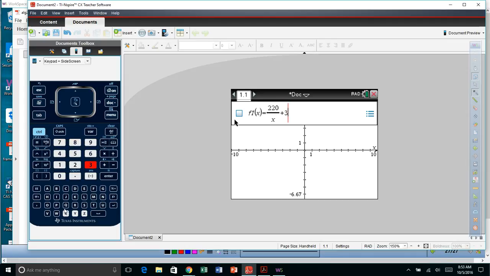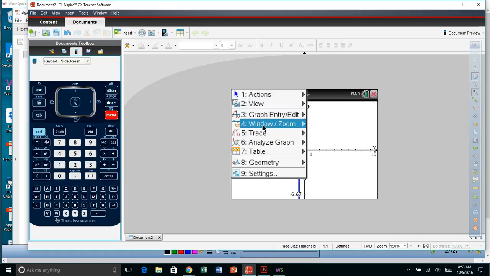Plus 300. And hit enter. And then we wanted the total cost to be less than 350. And graph that. Now we're going to have to move out. So menu, 4.